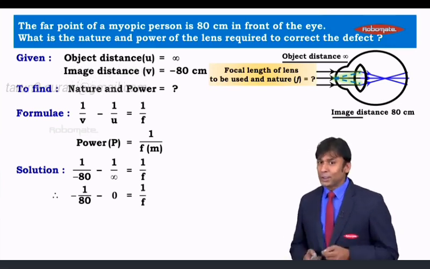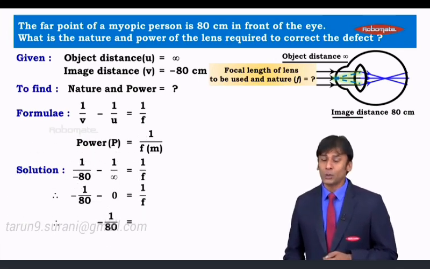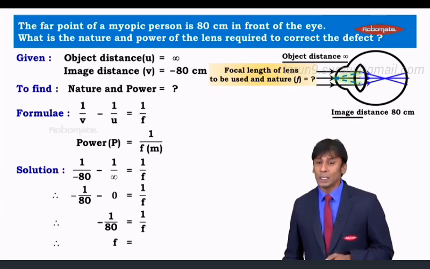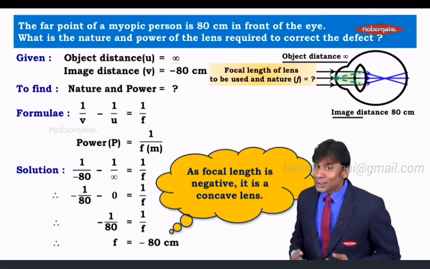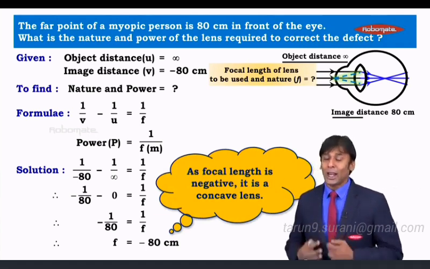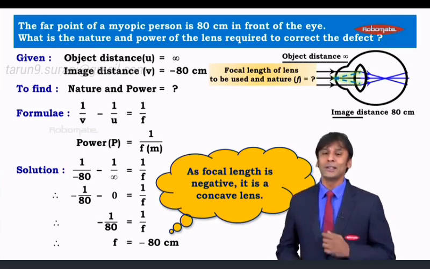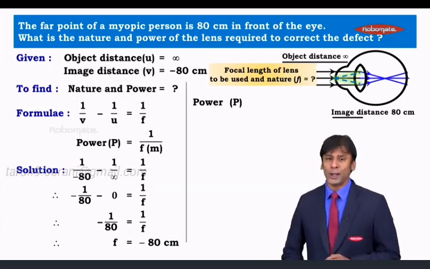Further simplifying, minus 1 upon 80 is equal to 1 upon f. So from this I can say the focal length is equal to minus 80 centimeter. So students, as focal length is negative, it has to be a concave lens because the focal length of a concave lens is negative.